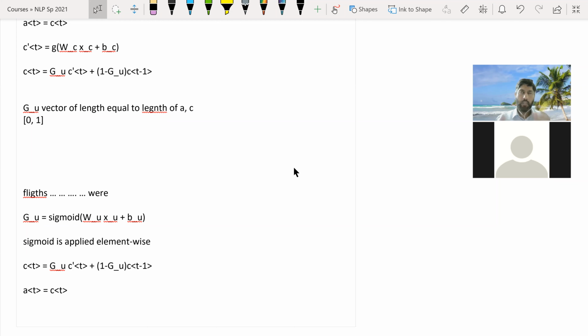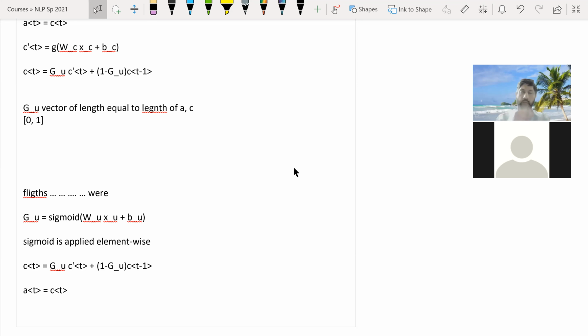And as you can see, we are using a functional gate, a mathematical gate, you can say, to control each output of the hidden layer to decide whether we like to keep the current information or discard the current information, or retain the previous information or discard the previous information.